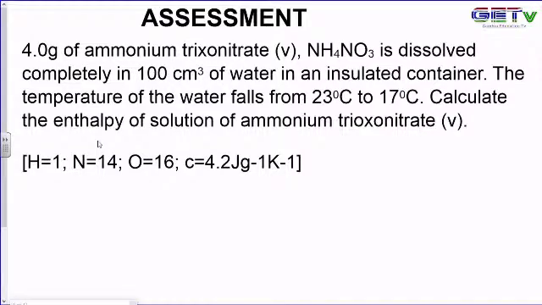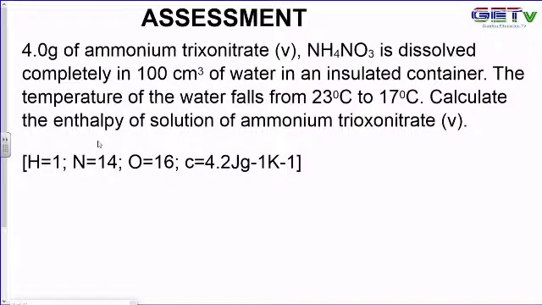Calculate the enthalpy of solution of ammonium trioxynitrate 5. And then we are given a clue, and the clue reads hydrogen equals 1, nitrogen equals 14, oxygen 16, and finally the specific heat capacity, which is C, is equal to 4.2 joules per gram per Kelvin.